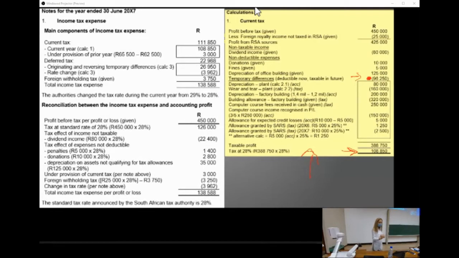That 96250 multiplied by 28% decreased my current tax expense to what we have here at the moment, 108850.